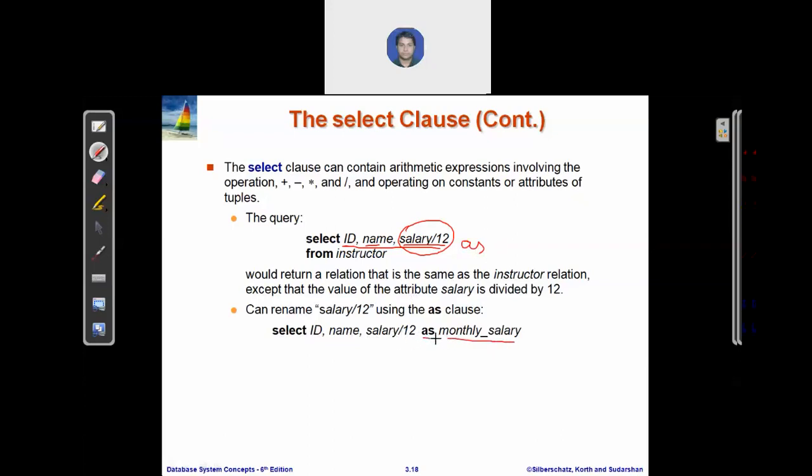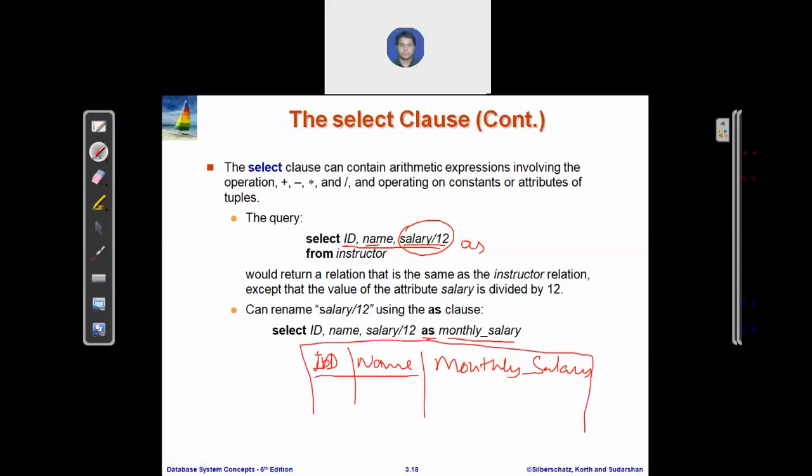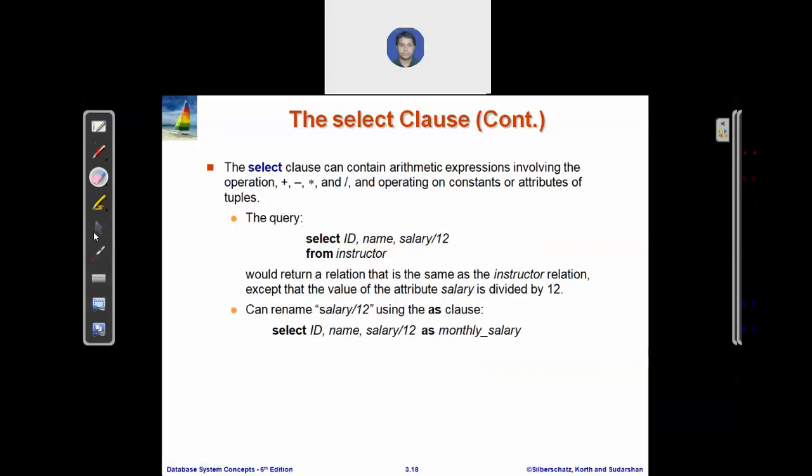The resultant table will have ID, name, and the third column will be monthly salary. Here I just changed the column name using the as keyword. So there are three columns: ID, name, and monthly salary. If you do not write this, the column name will be salary. So as is the keyword which renames the column.